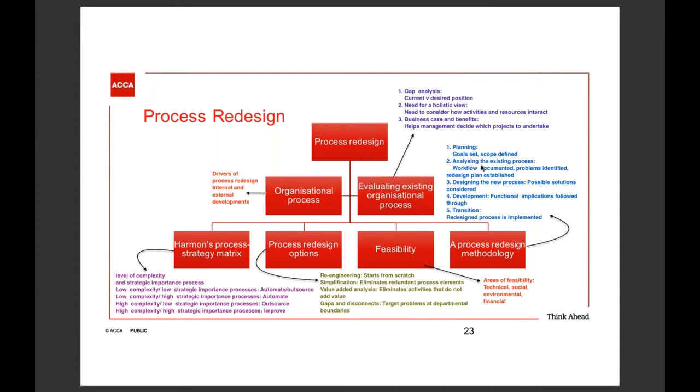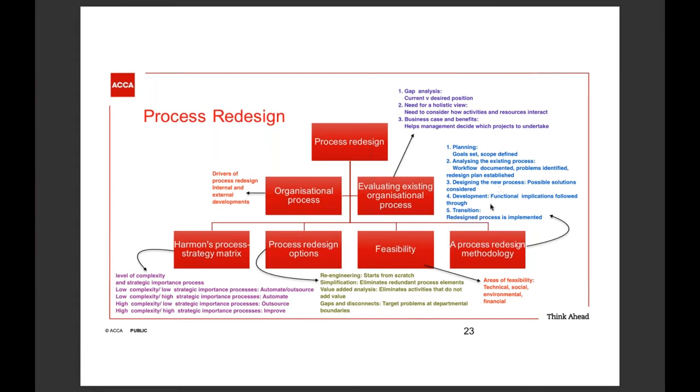Definitely you need to look into your existing workflow, your existing process, whatever problems you have identified, and then the redesign plan that you have to come up with. And then you start to design the new process.